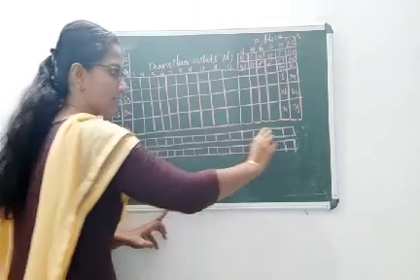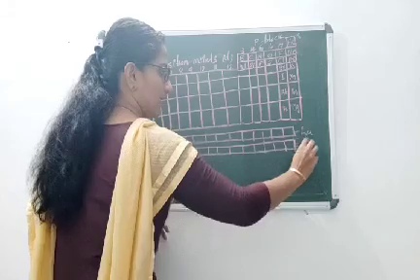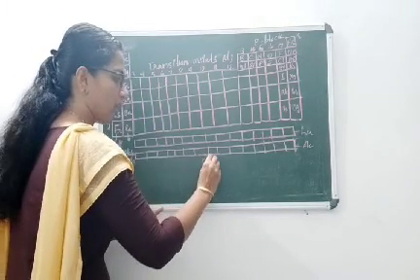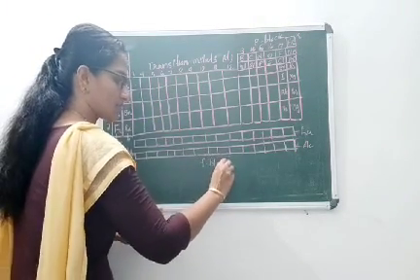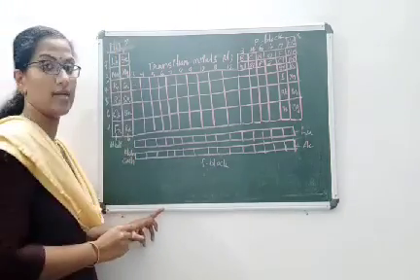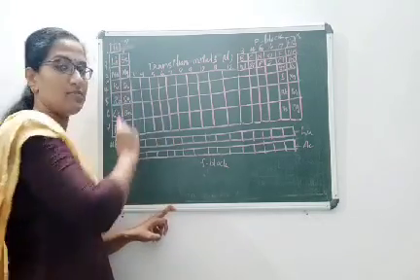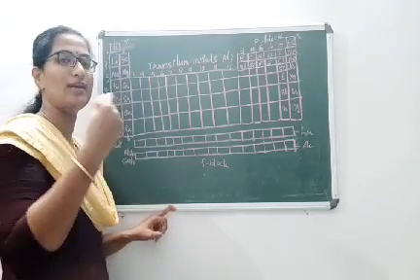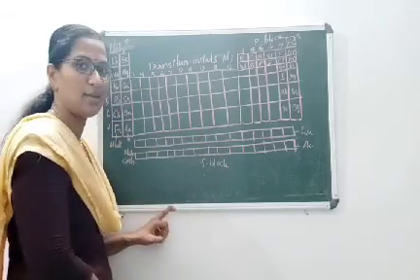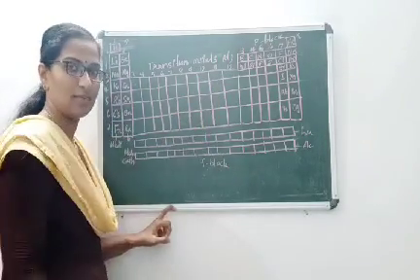This row is the lanthanides, and this row is the actinides, and these are the F block elements. This is the S block. A small letter s indicates that the outermost shell electrons end with the s subshell, which you will learn in higher classes. These 10 groups are known as D block because the outermost electrons end up in the d subshell.